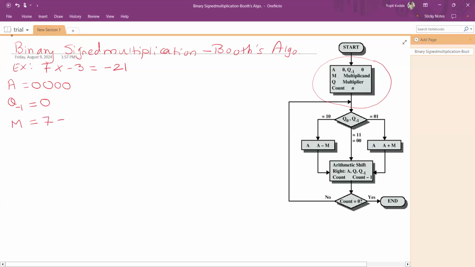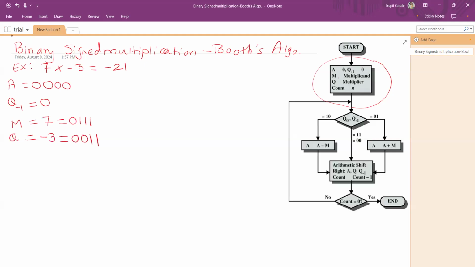So M will store 7. In binary, we represent 7 as 0111. Q will store the multiplier, which is minus 3. 3 is represented in binary as 0011. How to write minus 3? To get any minus number or signed value, we use the 2's complement method.